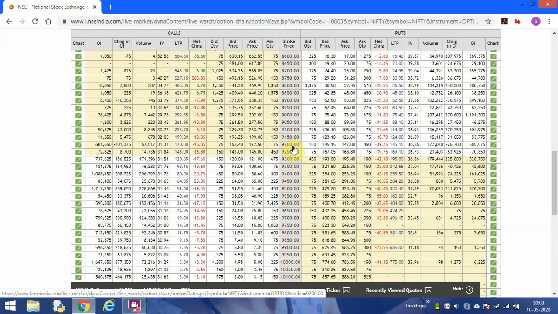Nifty has resistance 1 at 9,200, resistance 2 at 9,100, and the third level is 9,000. So these will tentatively be your resistances.